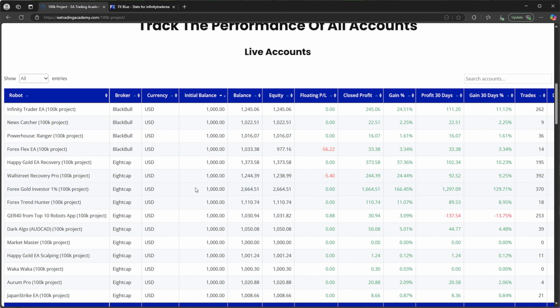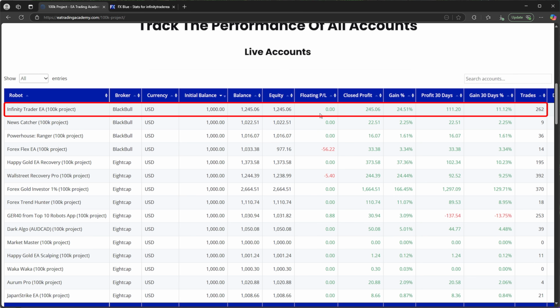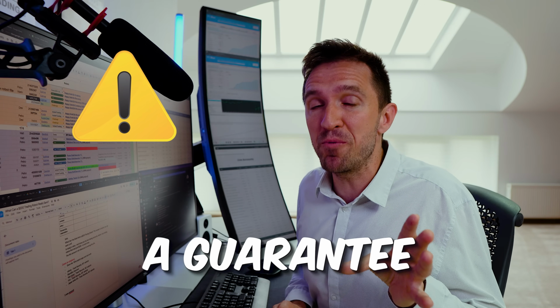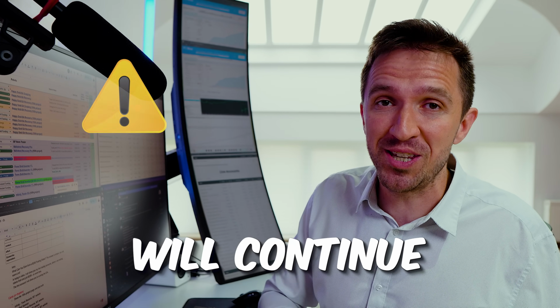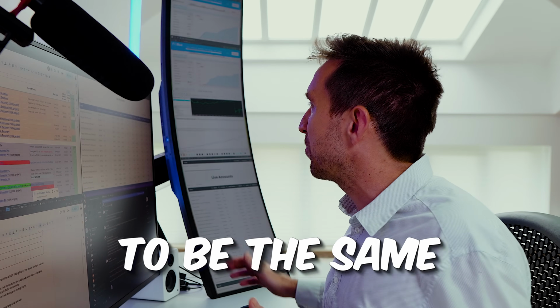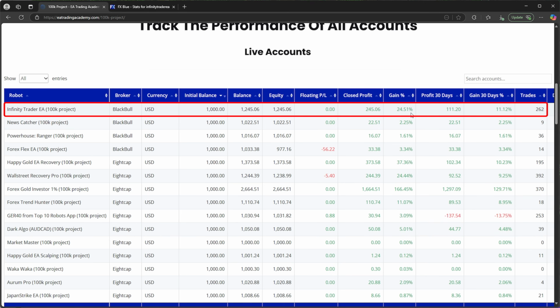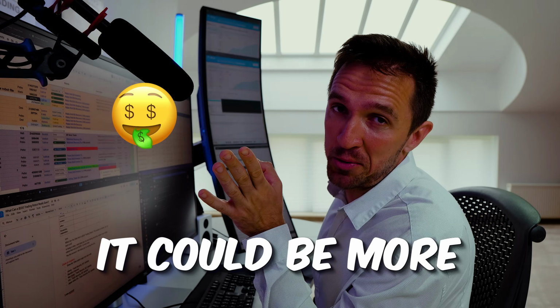this way you can easily calculate how much you can earn with each robot by checking how much one made for me in a $1,000 live account. Of course, there is never a guarantee that the performance will continue to be the same, but it could be less than that, or of course it could be more.